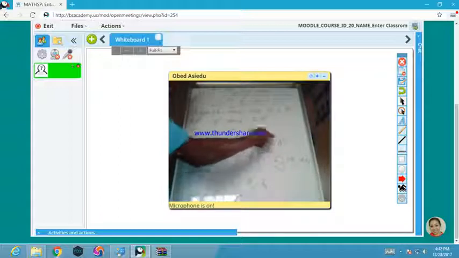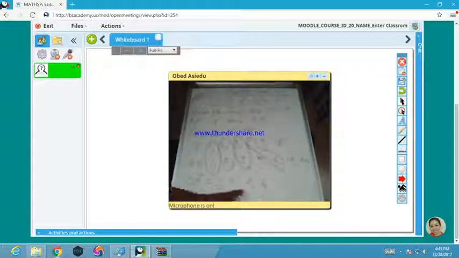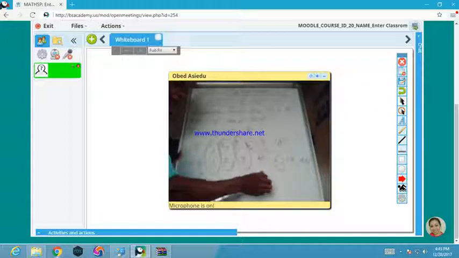For 24 we have 1, 2, 3, 4, 6, 12 and 24. So we look at the common factors. They are 1, 2, 3, and 6. The highest common factor is 6.